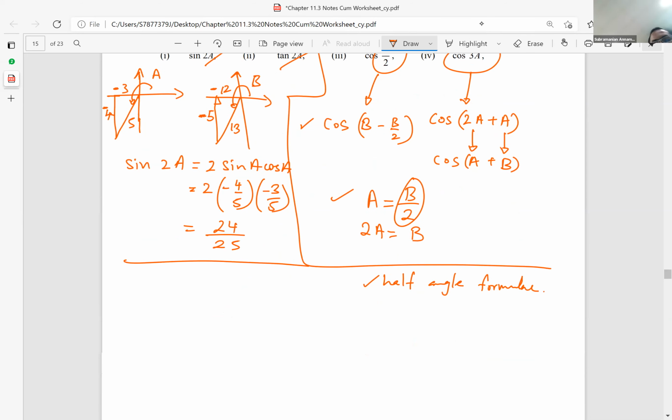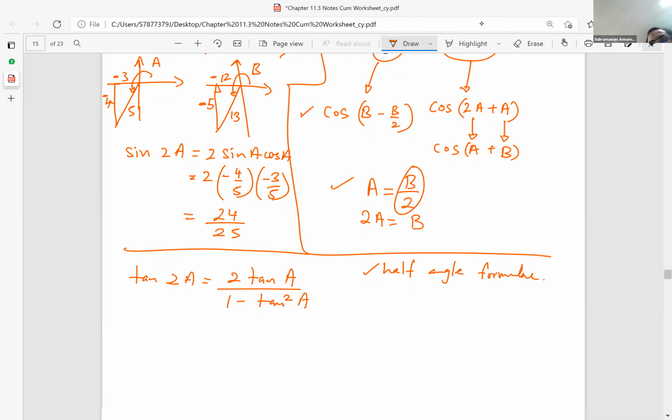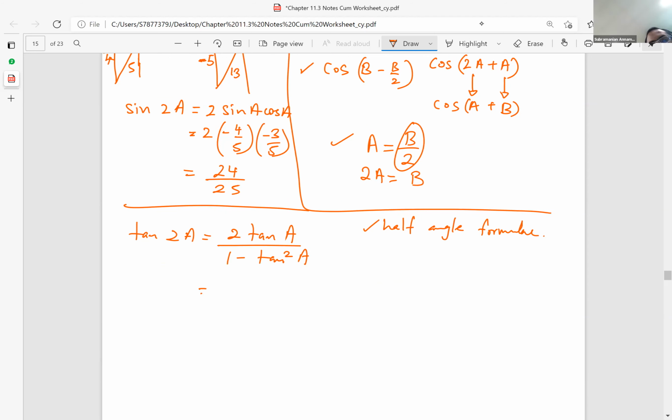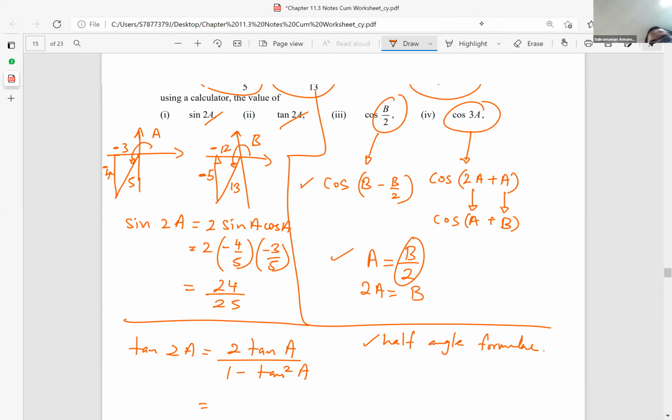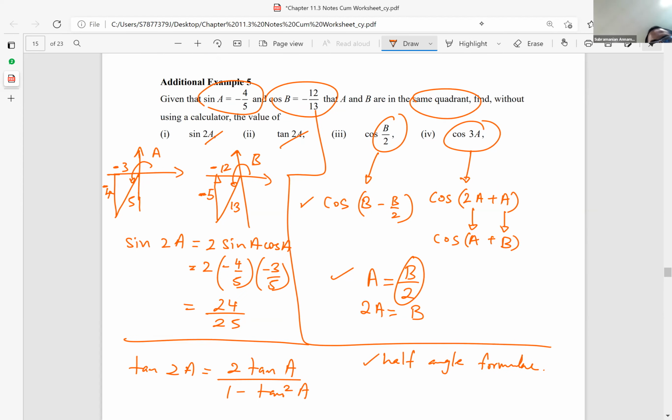Okay, next one, tangent 2A. What is tangent 2A? 2 tangent A over 1 minus tangent squared A. But I need to find what is my tangent. So tangent is negative 4 over 3.